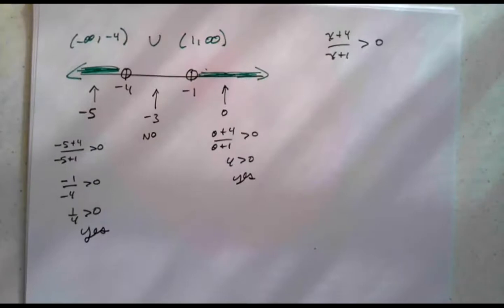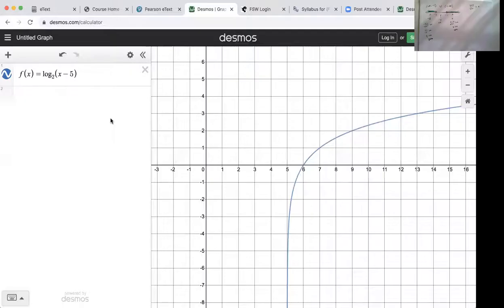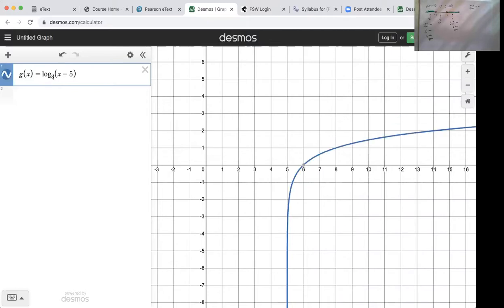So let's take a look at Desmos and see if the graph gives us that. So back to Desmos. This is g of x, and it is log base 3 of x plus 4 over x plus 1.